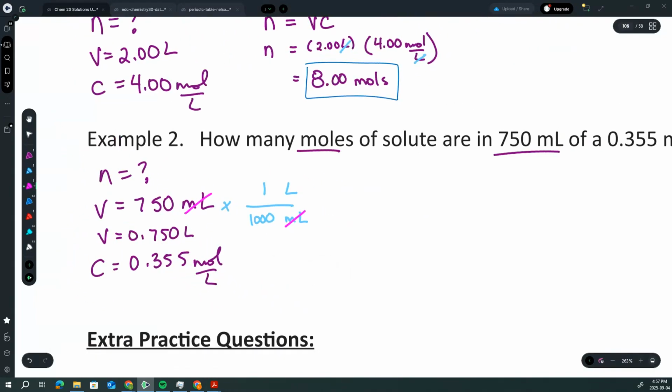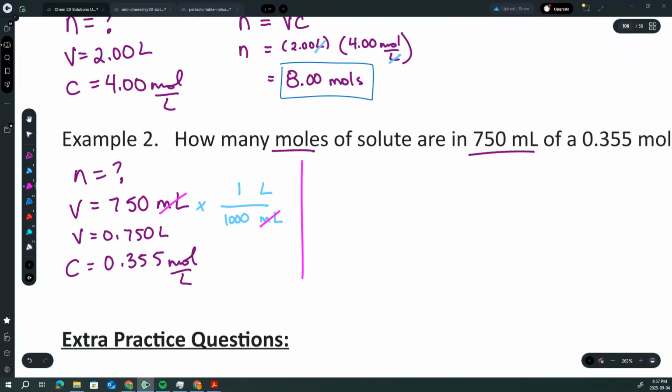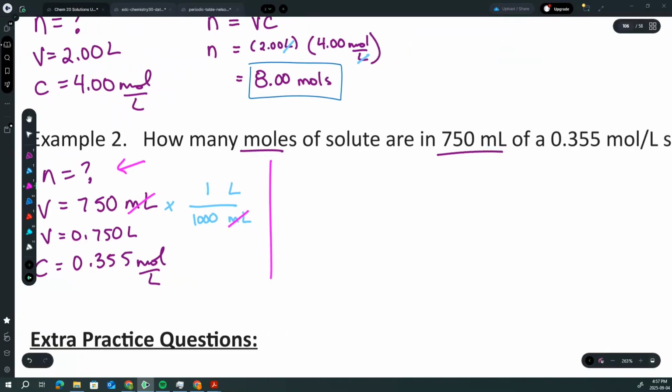All right, so now moving on to if you wanted to solve this question using unit analysis, we know that the units for moles is obviously going to be moles, and we're given liters and moles per liter to work with. So I'm first going to start off with moles per liter.